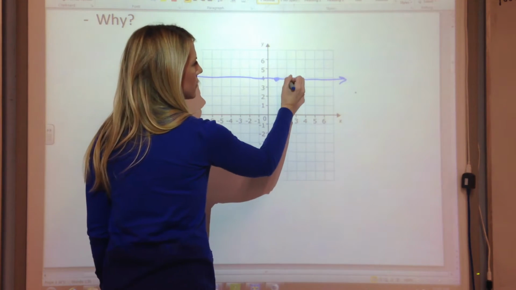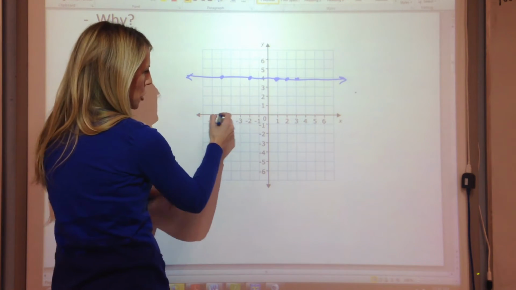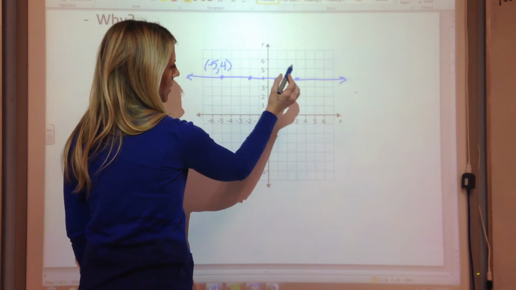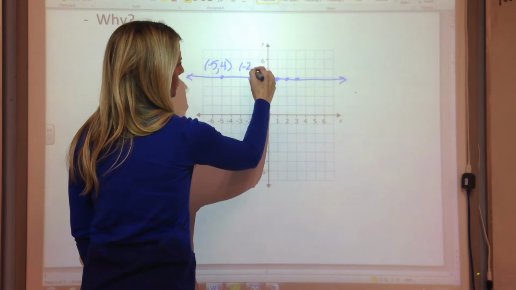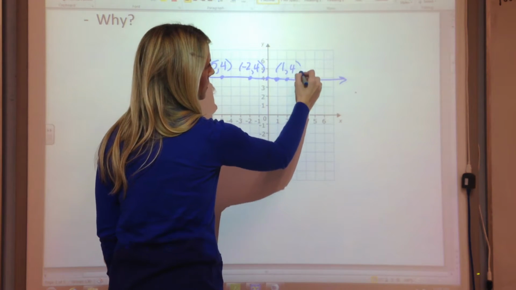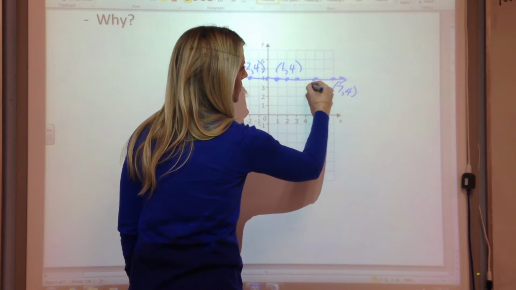And I list the different points that are on this line. I don't need to list all of them. That would in fact be impossible. But this would be (-5, 4), (-2, 4), (0, 4), (1, 4), (7, 4), (5, 4). You get the idea.